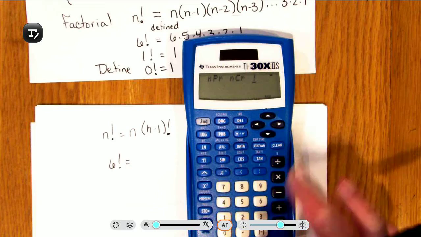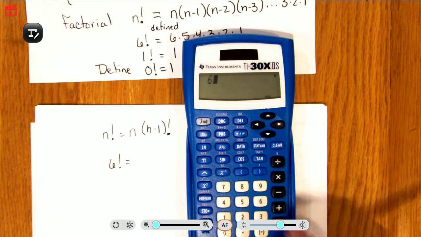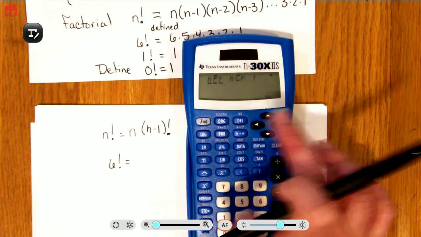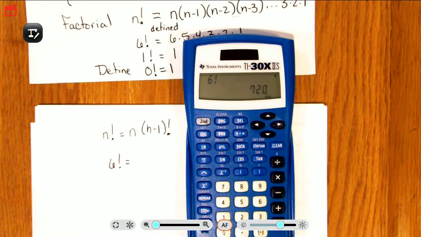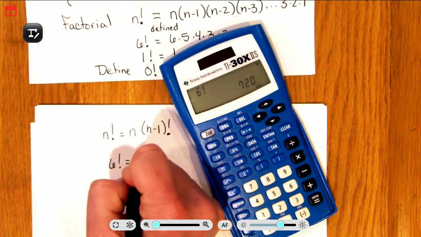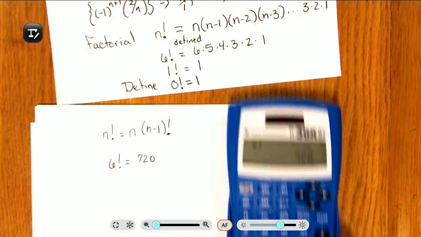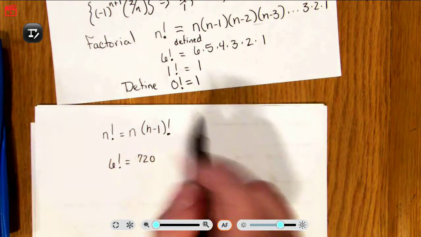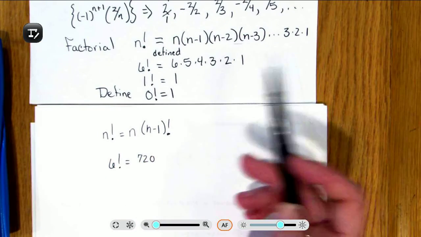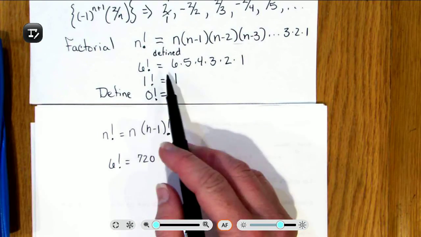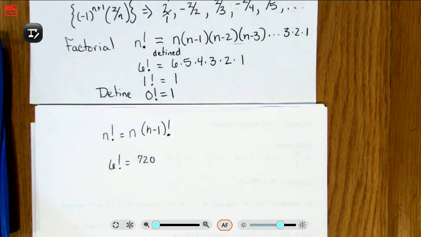If I wanted to use it, the first thing I would do is type in that 6. I would go get my exclamation point, and then I can hit equals, and I get 720. That will save me time as opposed to typing in 6 times 5 times 4 and so forth. Besides, I'd probably lose track as to where I was.